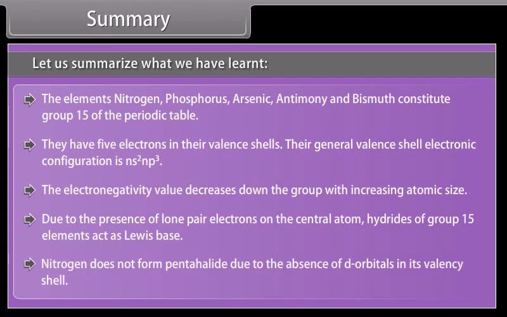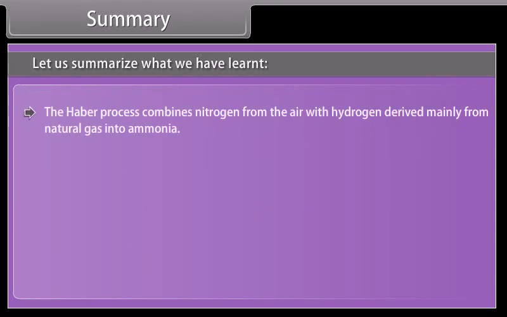Nitrogen does not form pentahalides due to the absence of d orbitals in its valence shell. The Haber process combines nitrogen from air with hydrogen derived mainly from natural gas into ammonia.